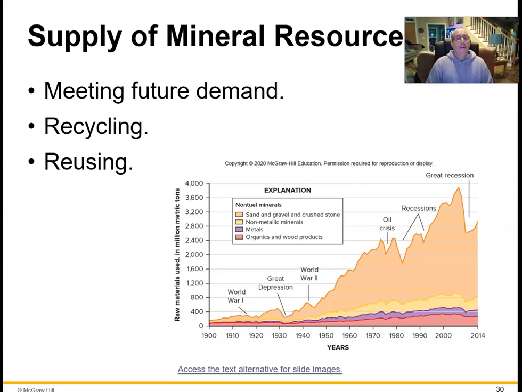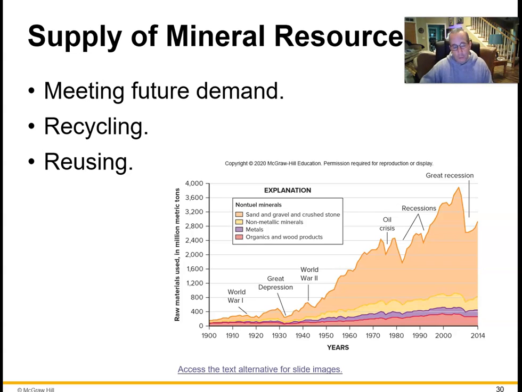But so, supply of mineral resources. This is where we're going to start talking about what do we have out there, what are we going to need in the future, can we recycle something, what's recycling versus reusing. Basically, it's all a moving target because we don't really know what we have out there and what we're going to need in 10, 15, 20, 30 years.